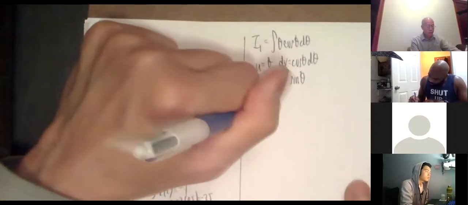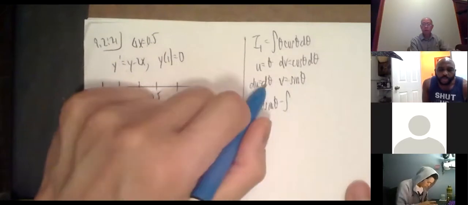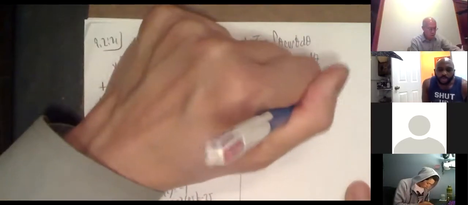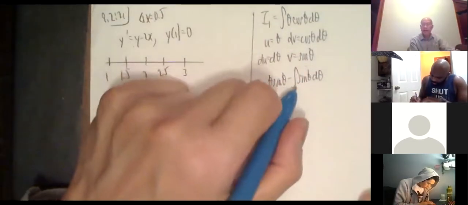U equals theta, dV equals cosine theta d theta. du equals d theta, V equals sine theta. Differentiate here, integrate here. So I1 is uv, theta sine theta, minus the integral of v du, integral of sine theta d theta. The integral of sine is negative cosine, so I have negative negative. So theta sine theta plus cosine theta plus C1.